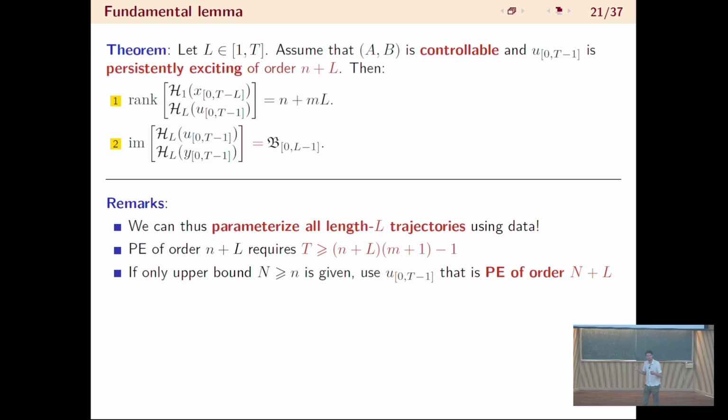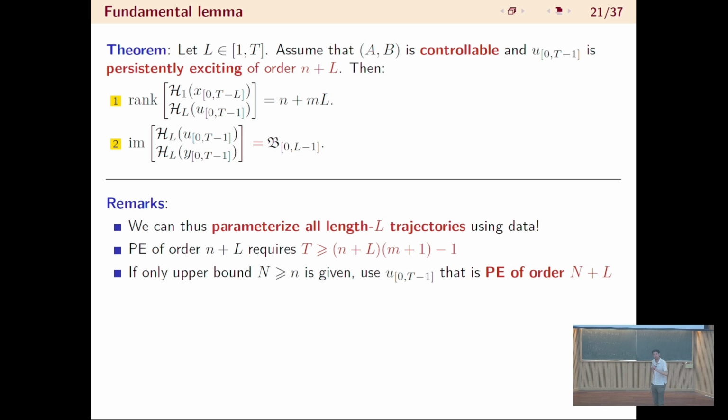You may, of course, again wonder, in this fundamental lemma you assume that the input is PE of order n plus L, where n is the state space dimension, but maybe you don't know that. You only have an upper bound, capital N here, on the state space dimension.